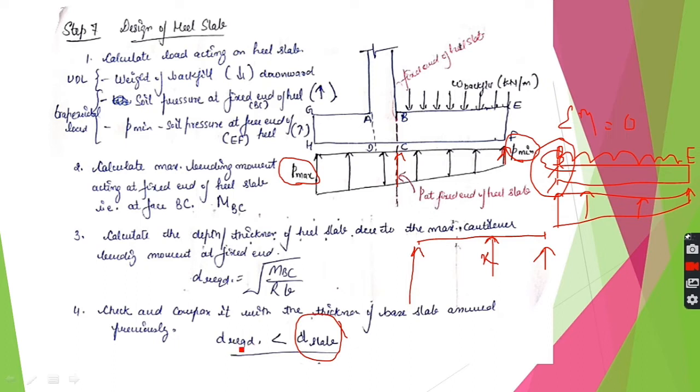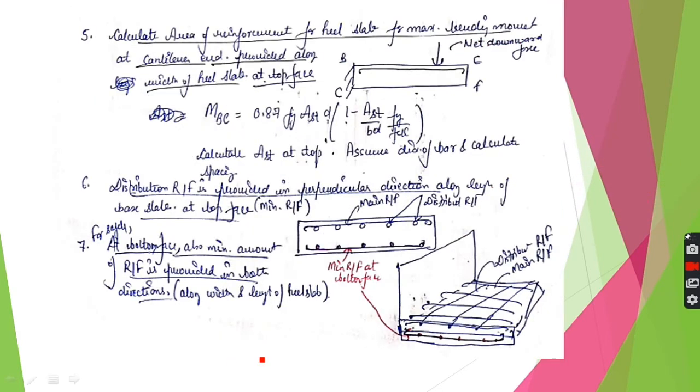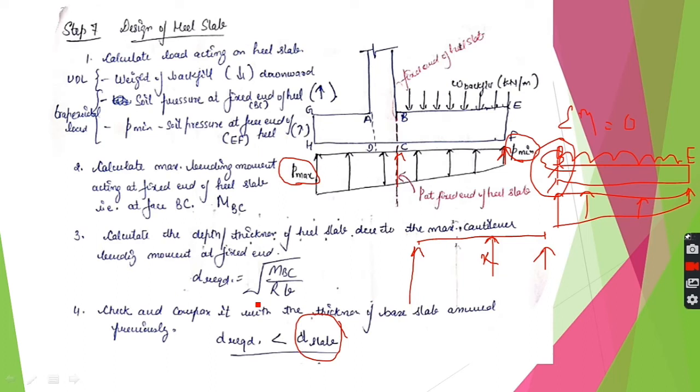This is the minimum depth required for the base slab. If in any case this check comes out to be wrong, you will have to revise this depth value. You will have to increase this depth if this check comes out to be wrong.